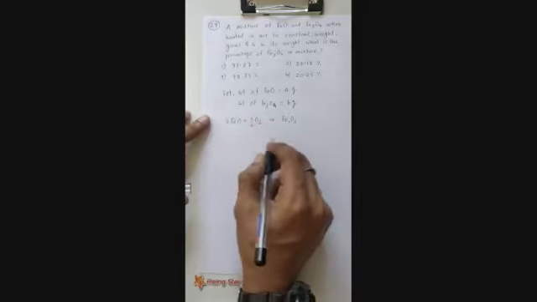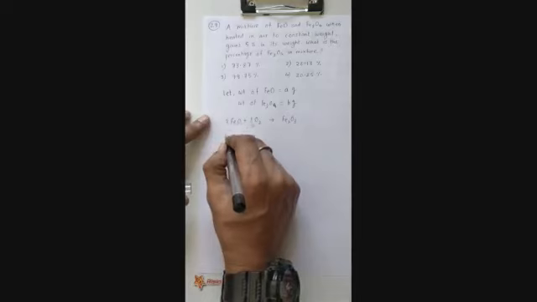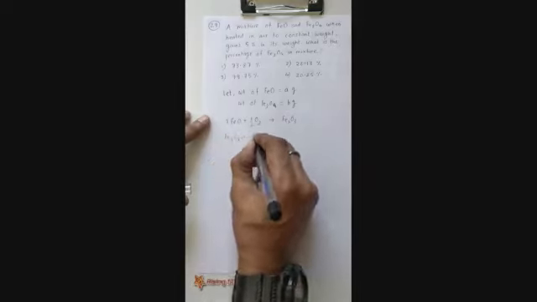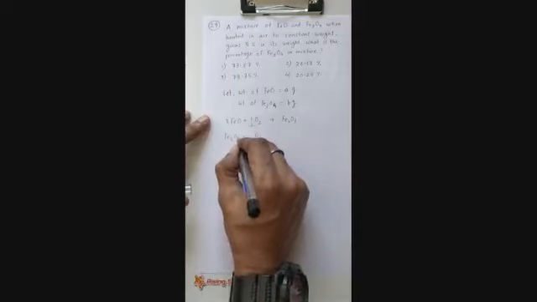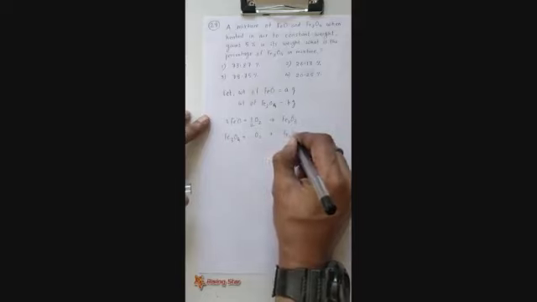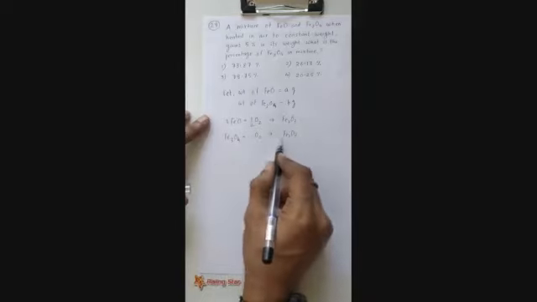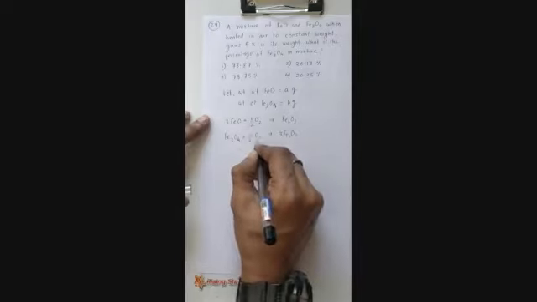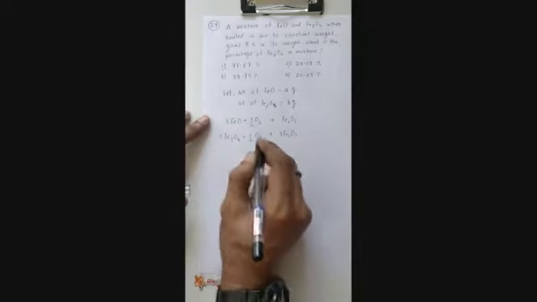Now the combustion of Fe3O4 will also end up giving me Fe2O3. Again, I need to balance this. This should be 3 times, this should be half, this should be 2 times.